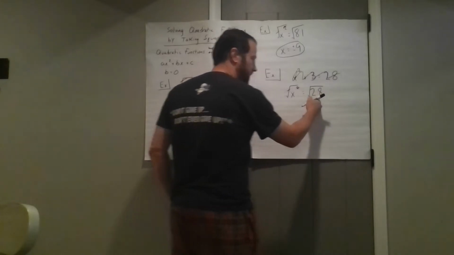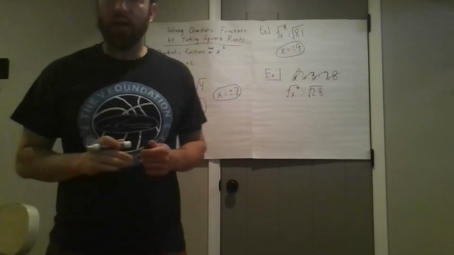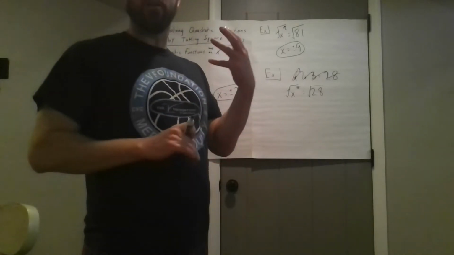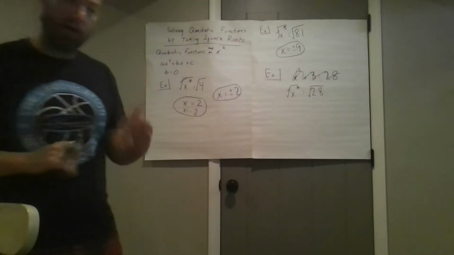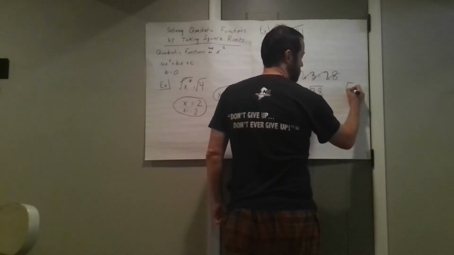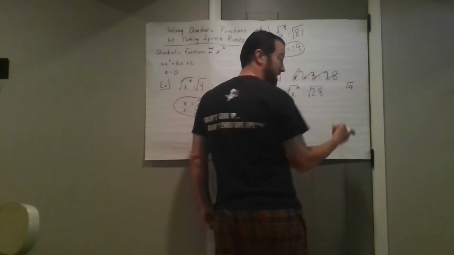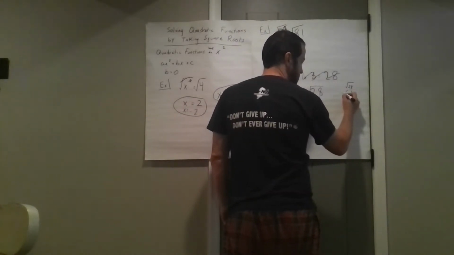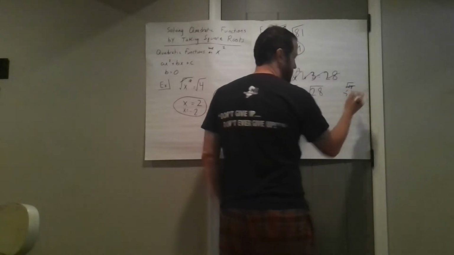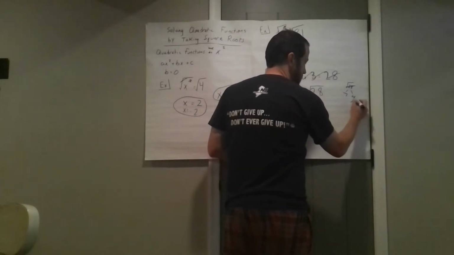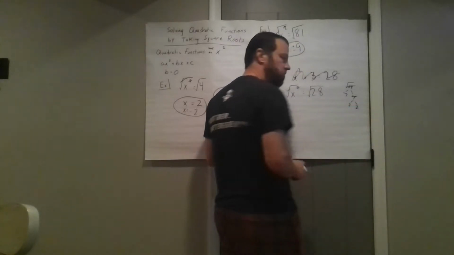Now you may be thinking, 28, not a perfect square. So guess what we're going to do? We're going to break that radical down, just like we did in the last lesson. Again, I don't want a decimal as your answer. 28 is 7 times 4. I cross out the one that I'm done with. 4 is 2 times 2.